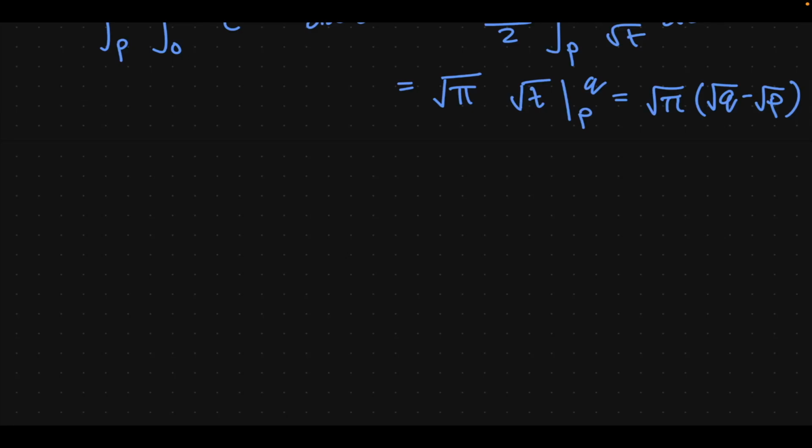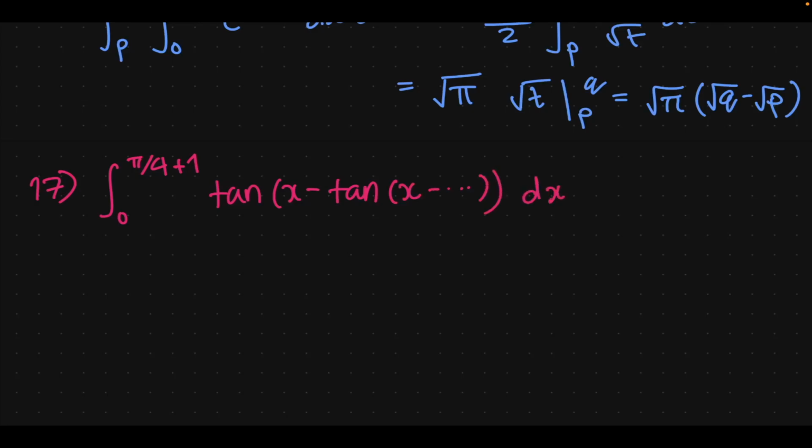Moving on, question 17 is probably one of my more favorite questions. Integral 0 to pi over 4 plus 1 of tan of x minus tan of x minus, and so on. So it's an infinite nested function.